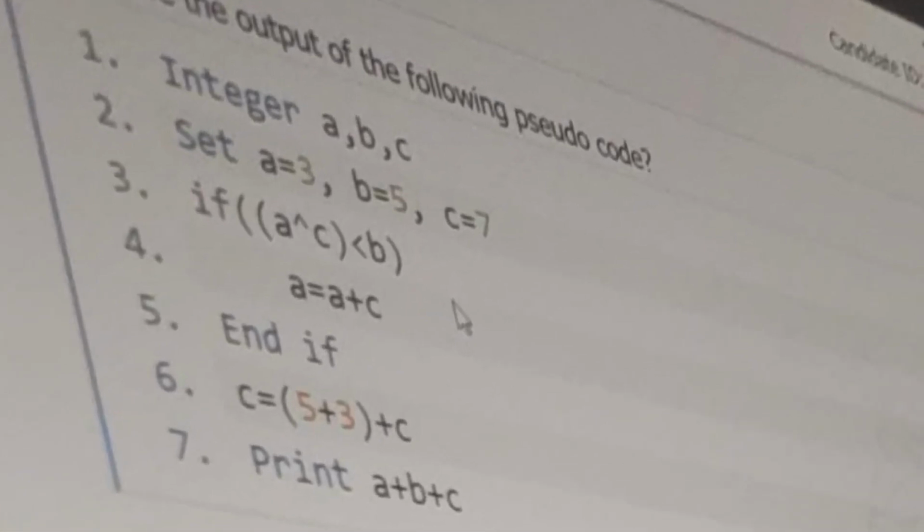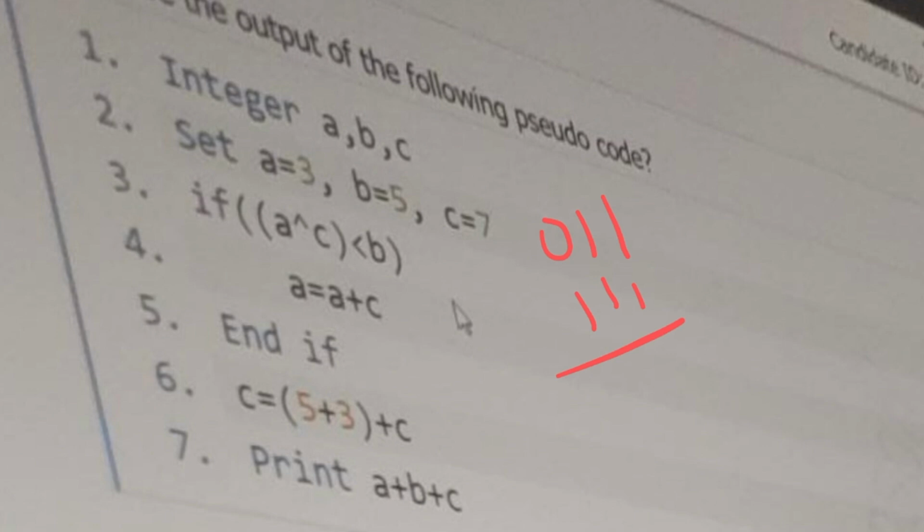So if a XOR c less than b, at first we have to calculate a XOR c. So a means 3, whose binary representation is 11, and c means 7, whose binary representation is 111. Okay, so in case of XOR operation, if both statements are true or both statements are false, then we have to make them false.